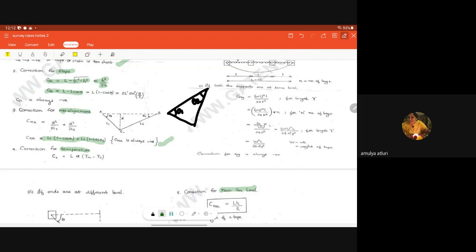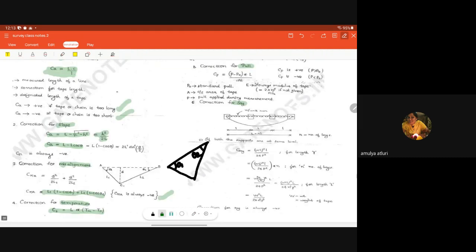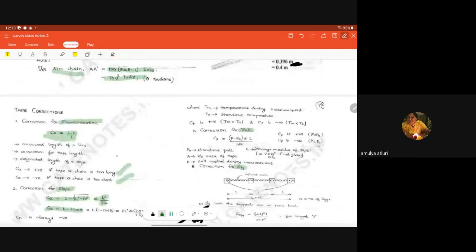Next, correction for temperature, CT, is equal to L into alpha into Tm minus T naught. What is this L? L is the measured length. Alpha is the coefficient of linear expansion. Tm is the temperature during measurement. T naught is the standard temperature.